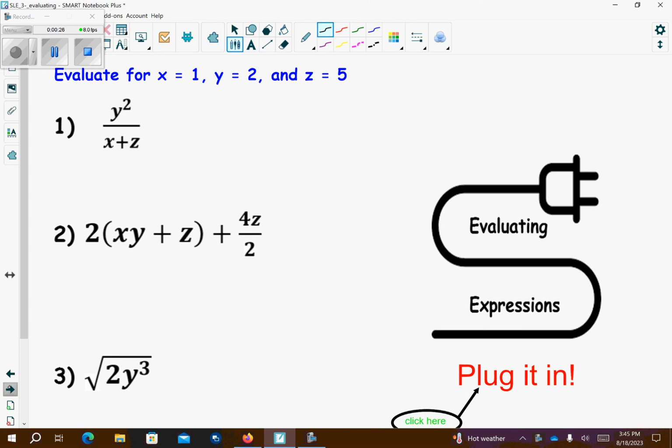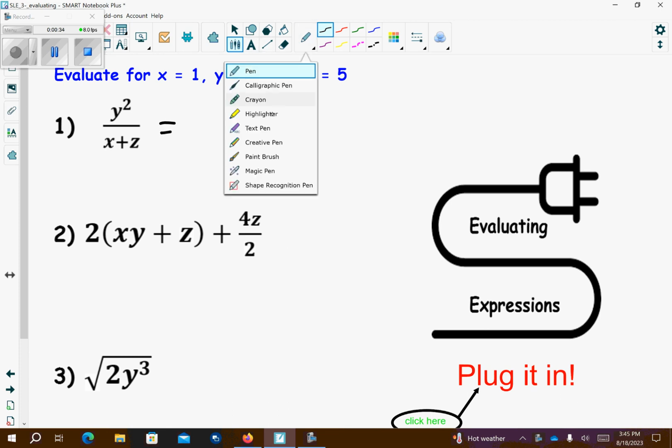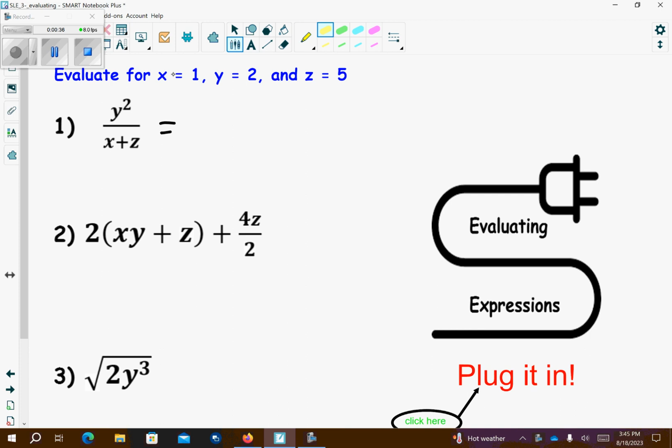So it looks like we know that x equals 1, y equals 2, and z equals 5. So we're going to plug those in. Let's just highlight this is our x value, our y value, and our z value. I'll highlight all the x's in yellow because those are where we'll plug in 1.